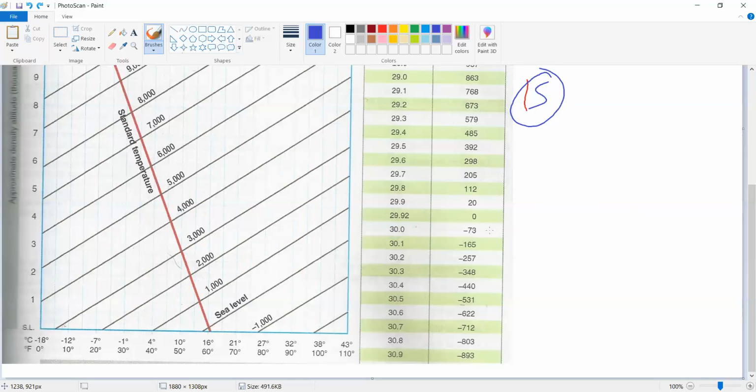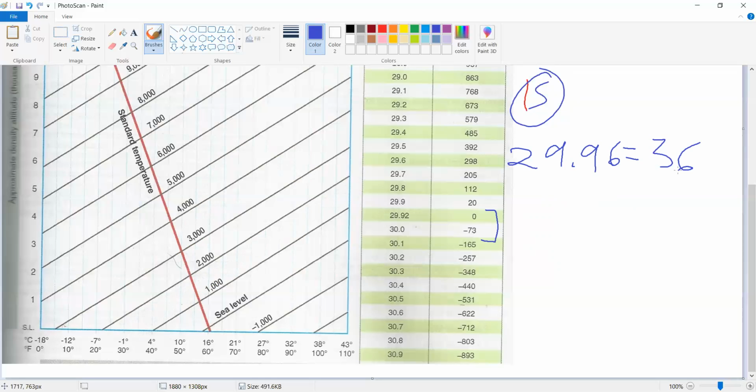So what we can do is add these two numbers together, which is 73, divide by 2 to get the mean. And we get roughly 36, 36.5 if you want to be exact. The book sticks with 36. So the altimeter correction for 29.96 is 36.